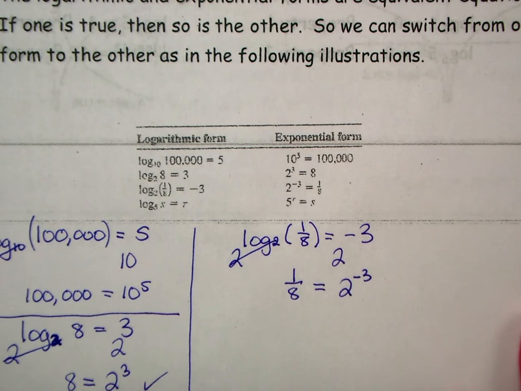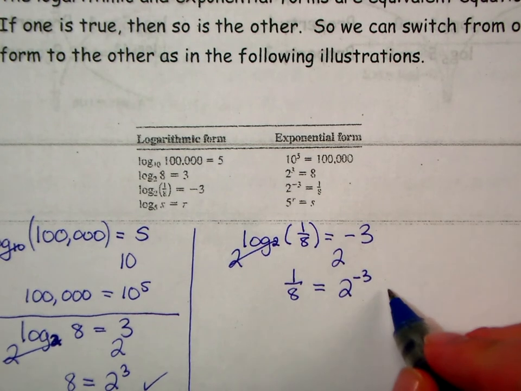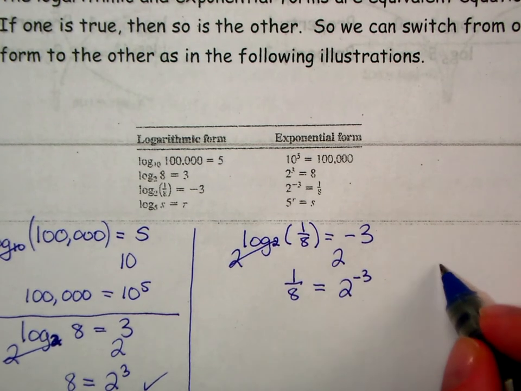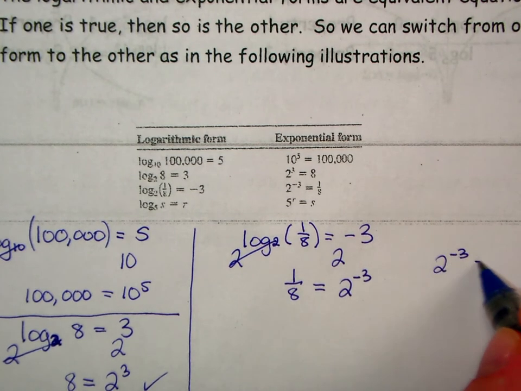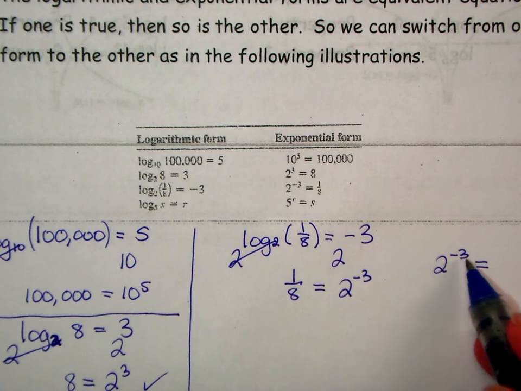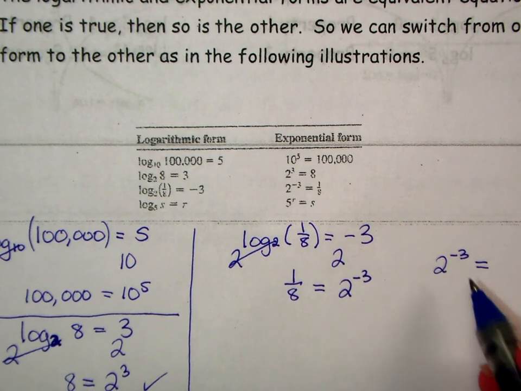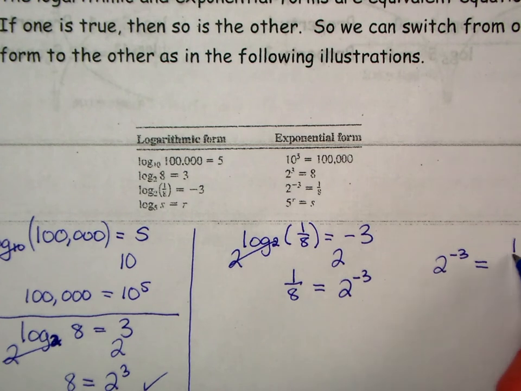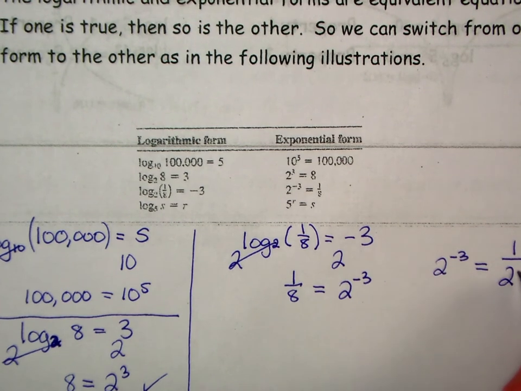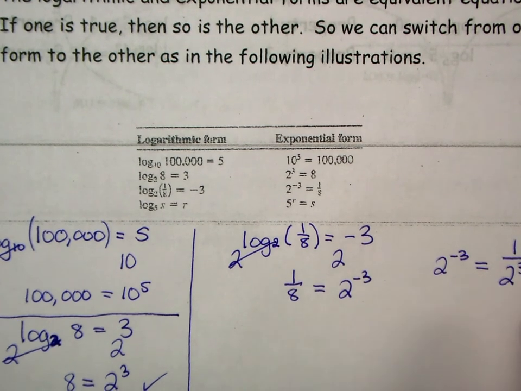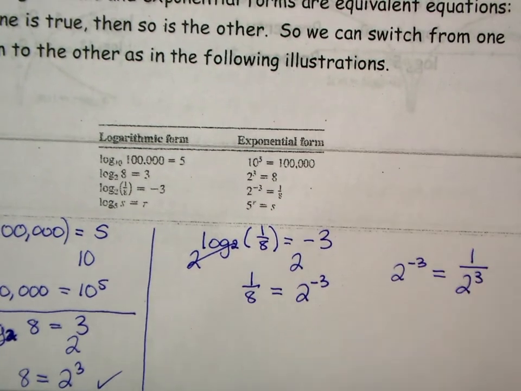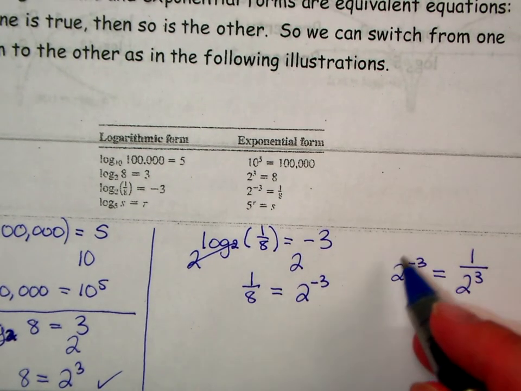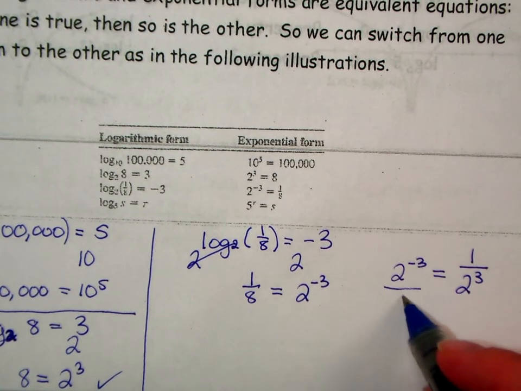What do those negative powers do? Right? So 2 to the -3rd. If I wanted to evaluate this, I can't leave that exponent negative. I need to make it positive. And so we can make that exponent positive by putting it in the denominator. Right? So I'm just moving it. It's in the numerator right now, technically over 1.